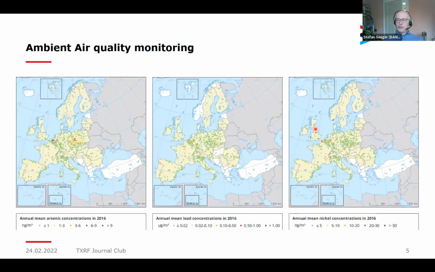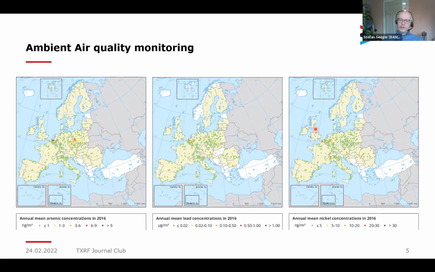So here for the outdoor application, you may see a view on the air quality monitoring network in Europe. For instance, you see the green dots. Each dot stands for a measuring station where local measurements take place. And if the dot is green, that is data from 2016, the threshold values or the limits are met, or values are below the limits.